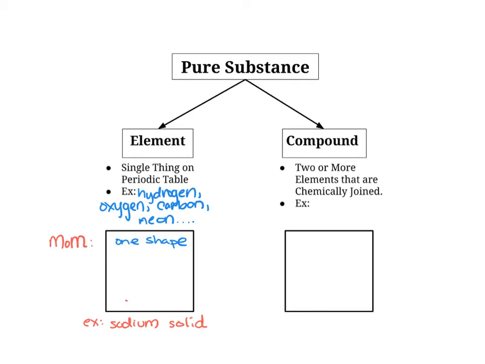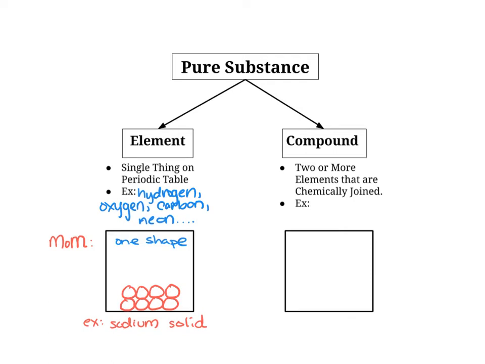So I'm going to take a single shape, such as a circle, and I'm going to draw it touching and organized. And that would be an example of sodium solid. The solid, one shape, one element, but drawn as a solid, so those particles of sodium are touching and organized.